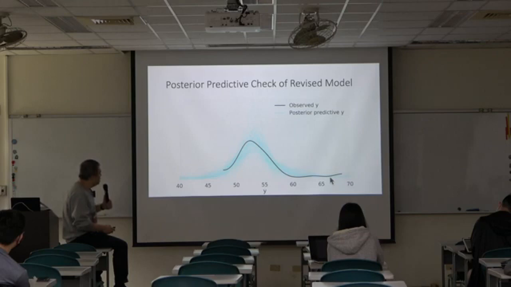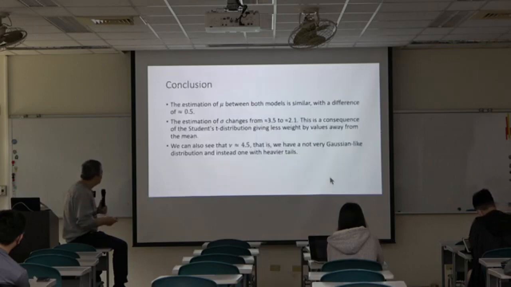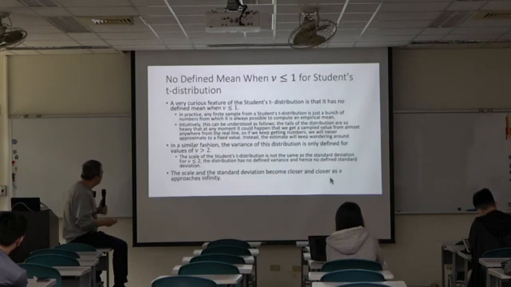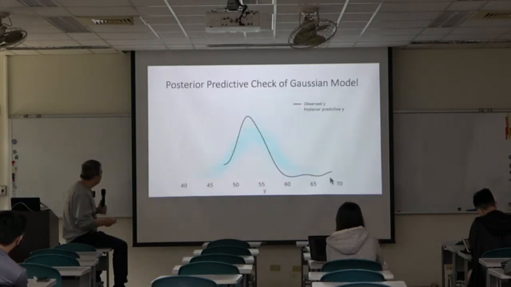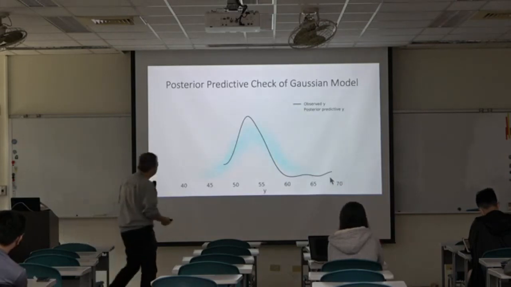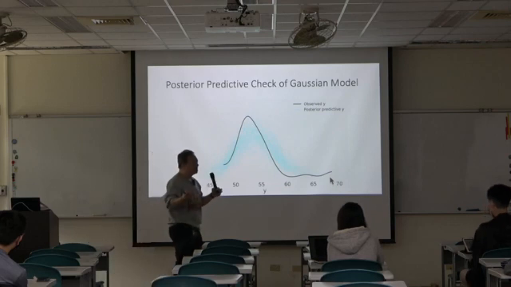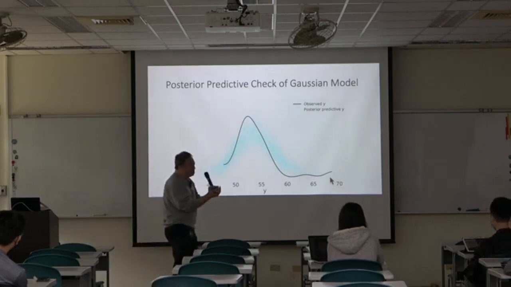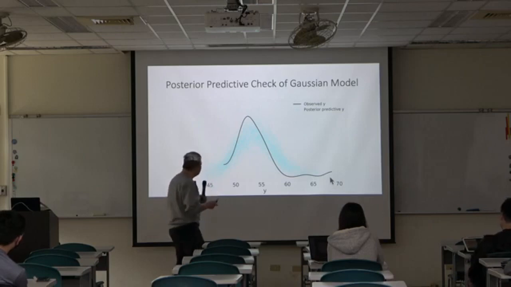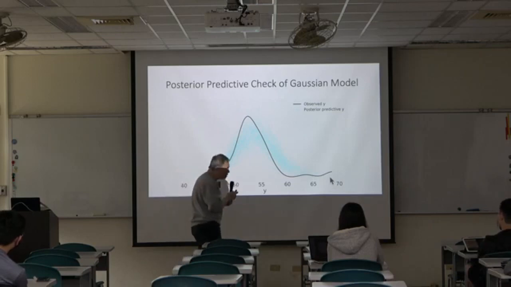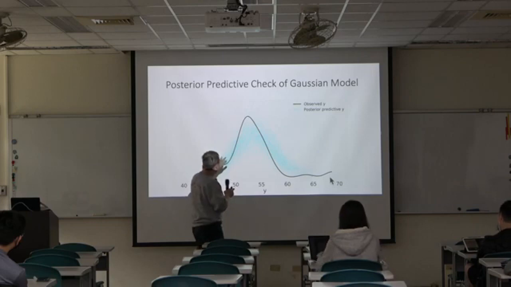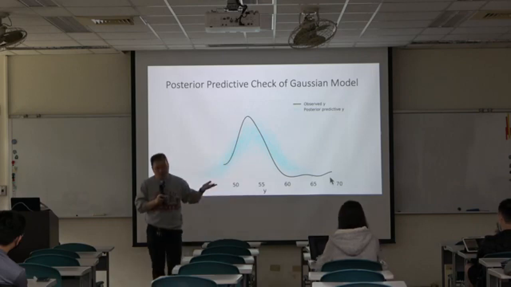You could compare this slide with the earlier one. I'm sorry these two slides are far away from each other, but if you put them side by side, you will see that the Student's t-distribution model captures the real data much better than the Gaussian one.